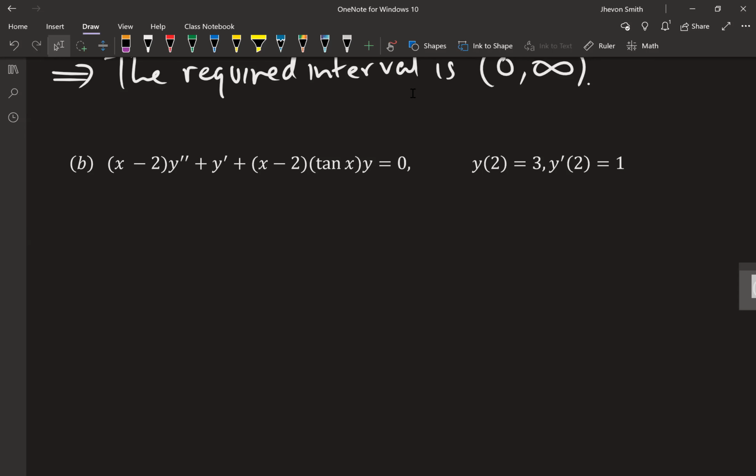So what you will notice in the existence and uniqueness theorem, as stated, is that it is written in standard form, which means before you even start the problem, you actually need to rewrite this in standard form. You'd have to divide by the x minus 2 first.